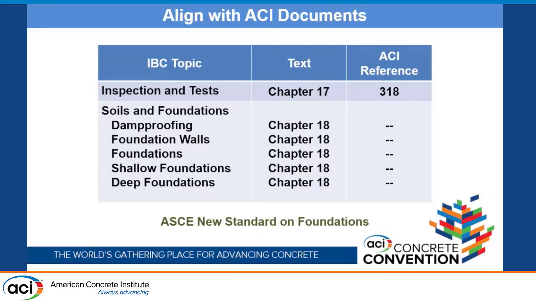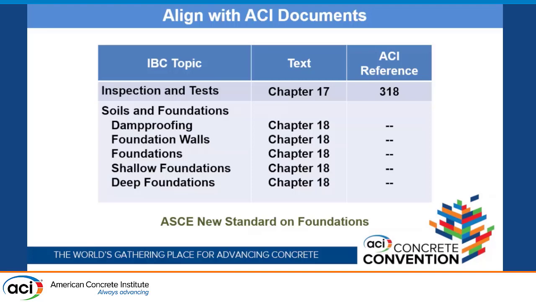And when there's a void, ASCE is now writing a standard on all foundation systems, including concrete. Are they the best place to have that written, or is the expertise better here at ACI? Well, since ACI doesn't have a standard that addresses foundations, somebody's going to step up and fill that void.